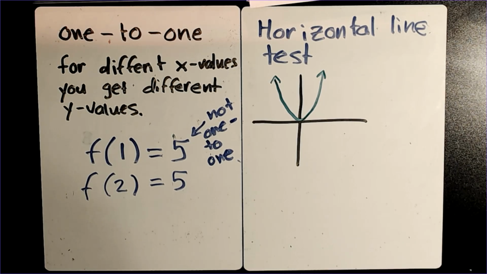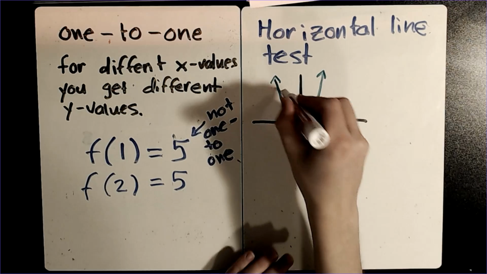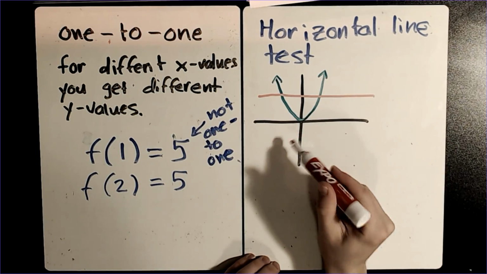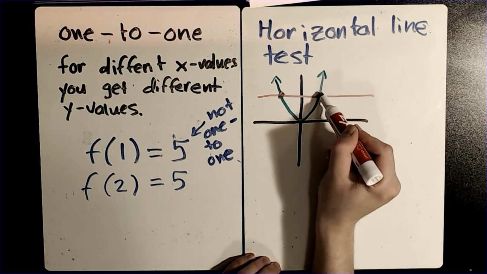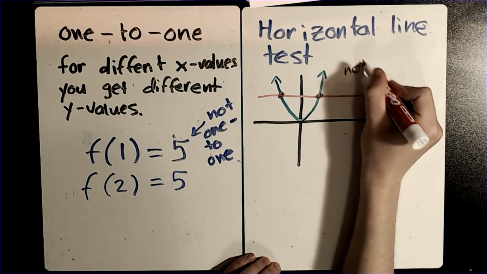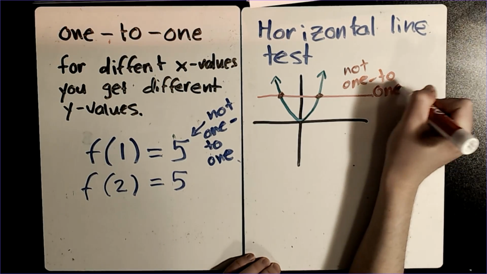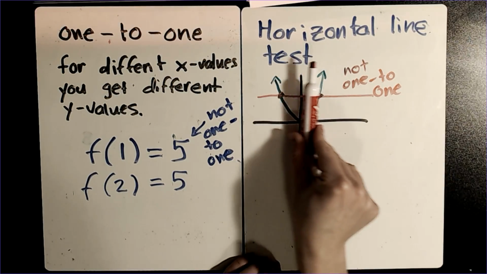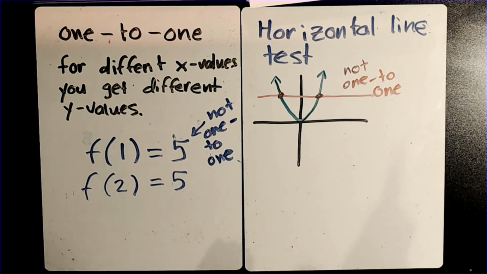Okay, is this a one-to-one function? Well, if you draw horizontal lines through this graph, okay, how many times is it touching? Well, there is a place where it only touches once, but there are places where it touches twice here, right? Touches twice right there. And so this would not be one-to-one. It's a function because it passes the vertical line test, drawing vertical lines through, but it's not one-to-one because it doesn't pass the horizontal line test. Okay.